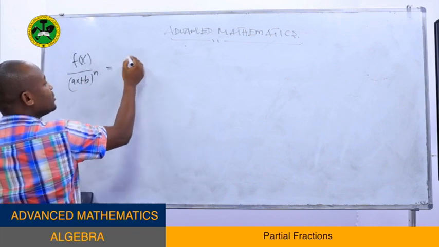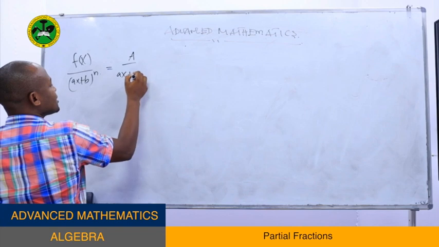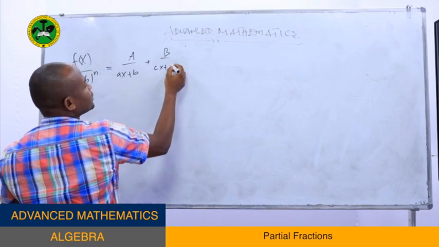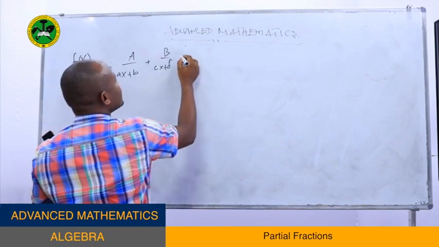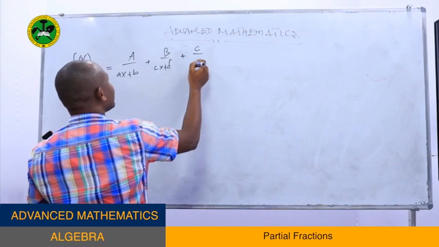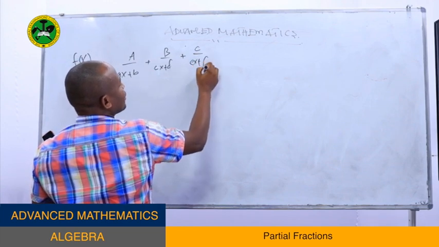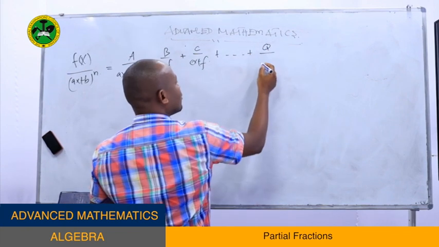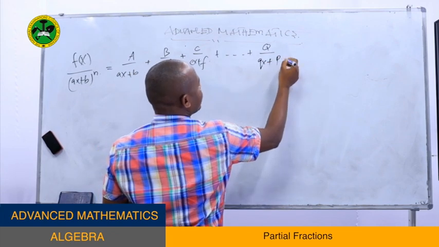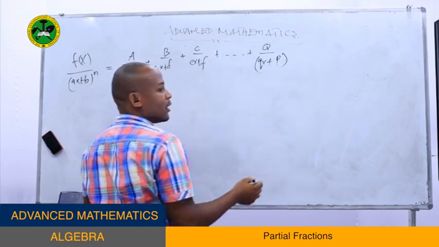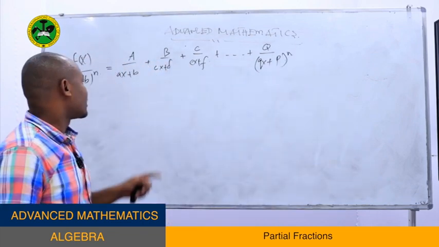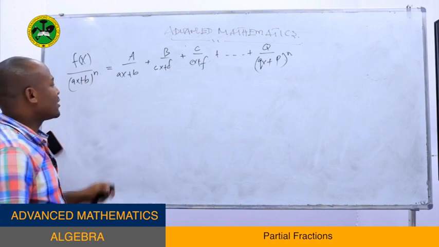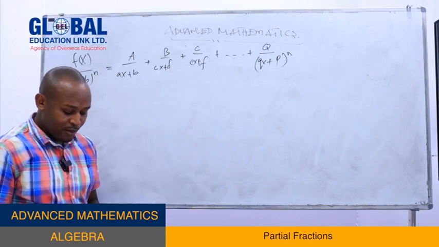That means our rule will be A over (ax plus b), plus B over (cx plus d), because these are distinct factors, and then plus, let's say, C over (ex plus f), plus down to, let's say, Q over (qx plus p). That means we have a lot of these factors, non-repeated, distinct ones. We shall see this as we partialize quadratic functions.